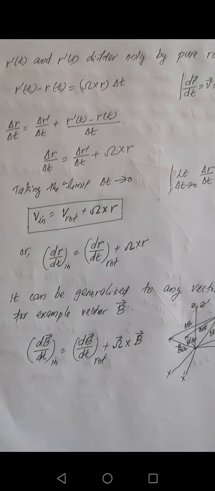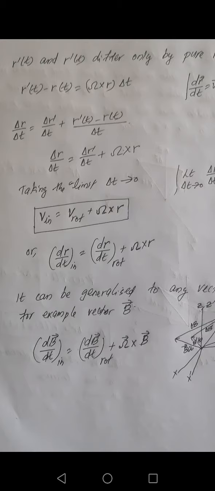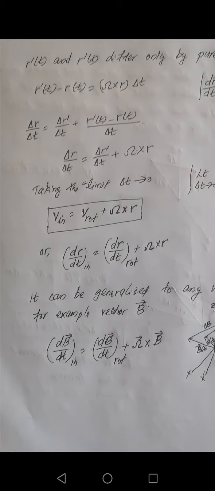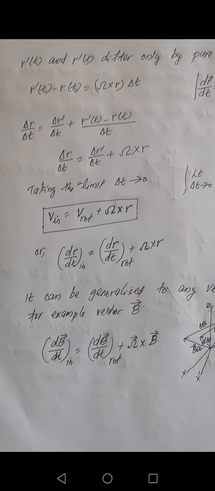Okay, so using that, r prime of t minus r of t is omega cross r into delta t. So we have delta r is equal to delta r prime plus r prime of t minus r of t. I am dividing both sides by delta t, so therefore delta r by delta t is delta r prime by delta t plus r prime of t minus r of t by delta t.